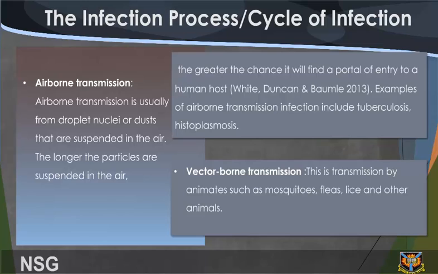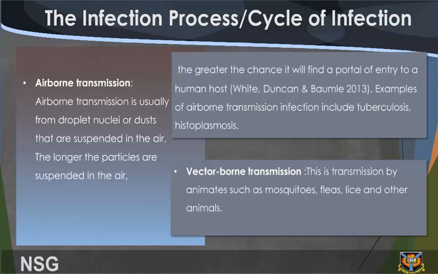Airborne transmission. Airborne transmission is usually from droplet nuclei or dust that are suspended in the air. The longer the particles are suspended in the air, the greater the chance it will find a portal of entry to a human host. White, Duncan and Bromley, 2013.